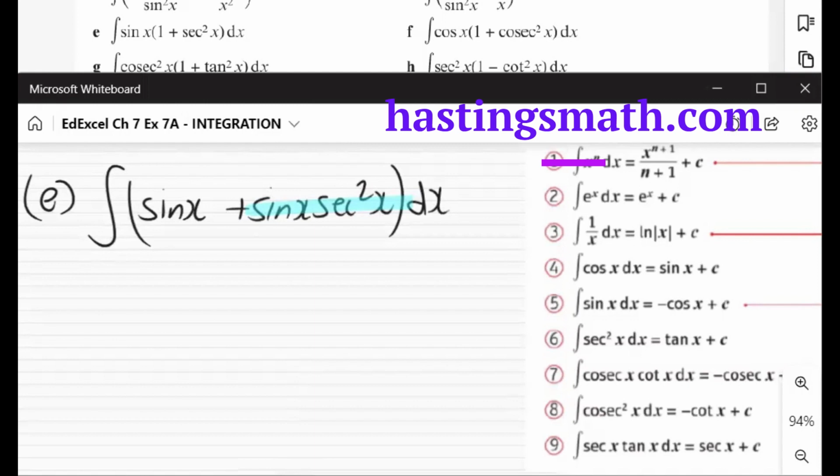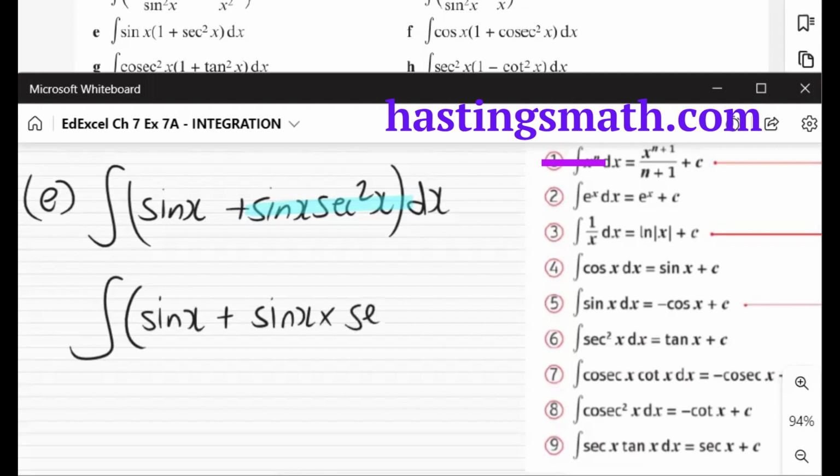So we need to simplify it a little bit more. The sine x is still fine. Let's separate this into sine x times sec x times sec x. See if that helps. Not quite.